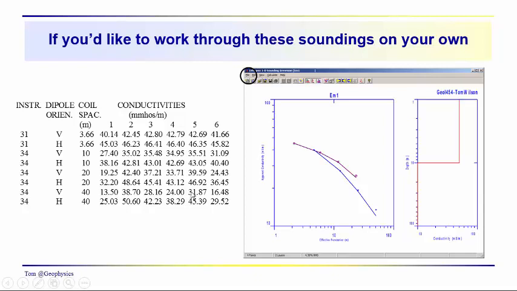You can download the IX1D demo version of the program, as we mentioned before. And if you wanted to play around with the data, this is the data that we're using here. Notice that for the EM31, we have vertical and horizontal dipole measurements for the 3.66, 3.67 meter intercoil spacing, at these 6 different locations along the profile.